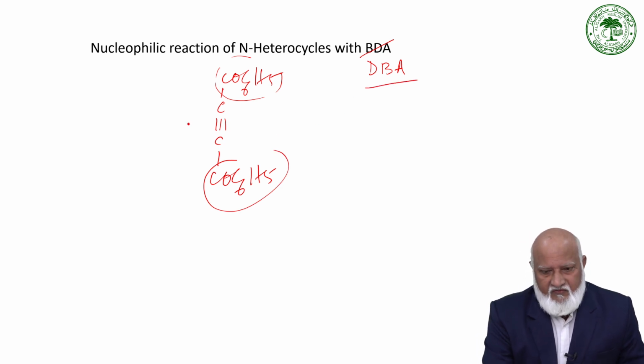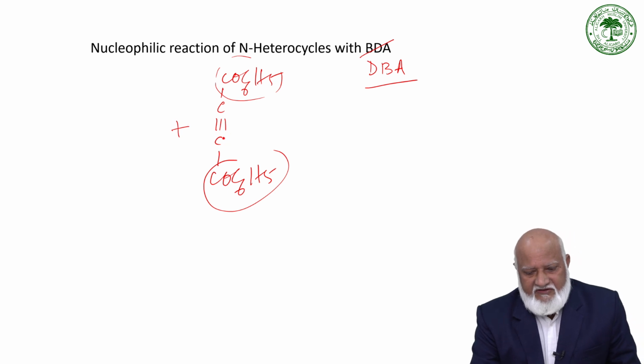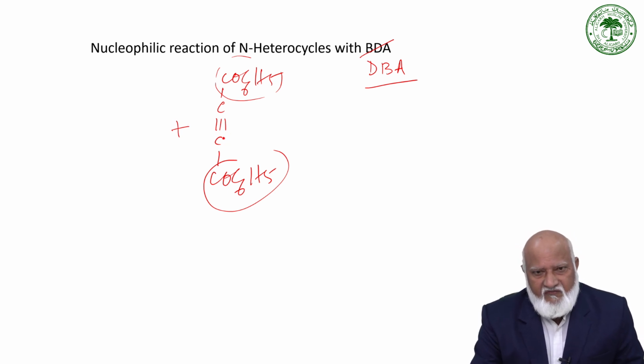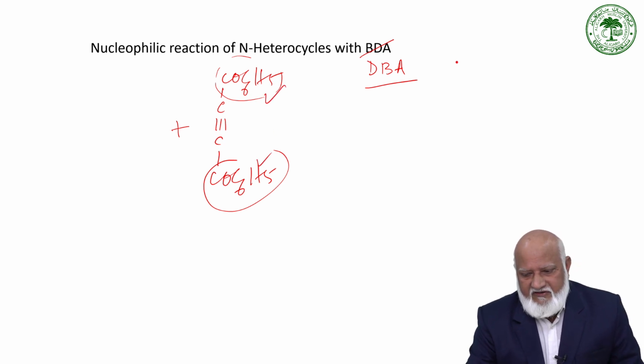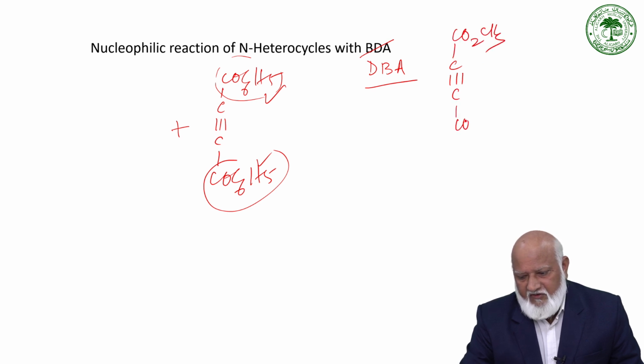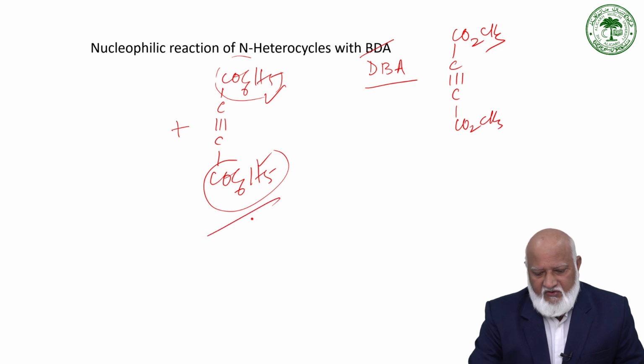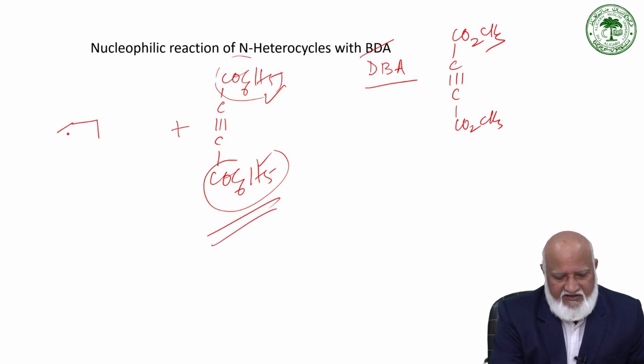We looked into the reaction where it acts as a very good dienophile because of the presence of two electron withdrawing groups on the acetylene bond, just like DMAD, dimethyl acetylene dicarboxylate. So this also adds to anthracene in a 4+2 manner.